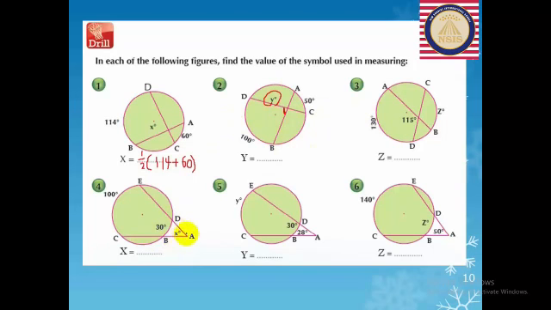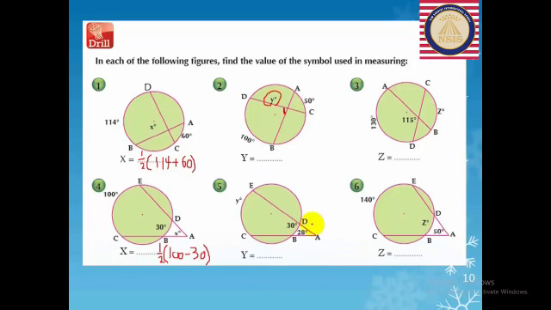This angle is outside the circle. How can we solve it? By the rule of the minus. Half the major arc minus the minor arc. So half of 100 minus 30. Okay? And you can solve it. Very good.